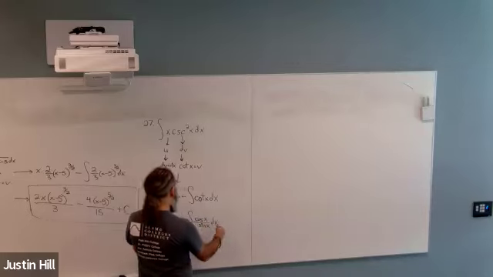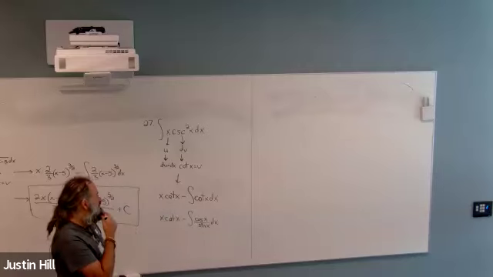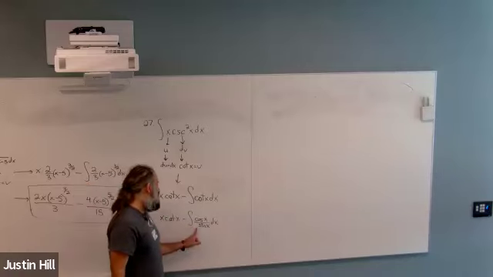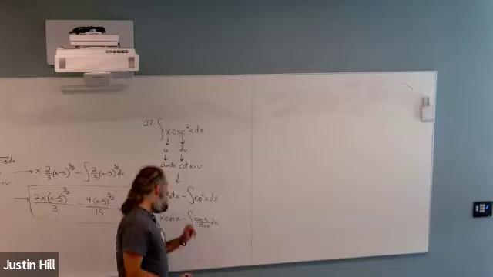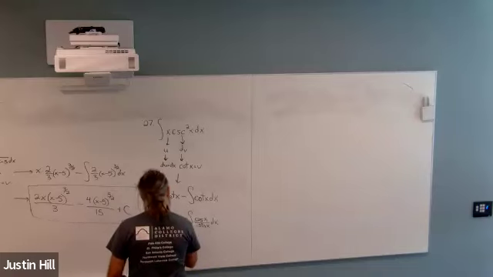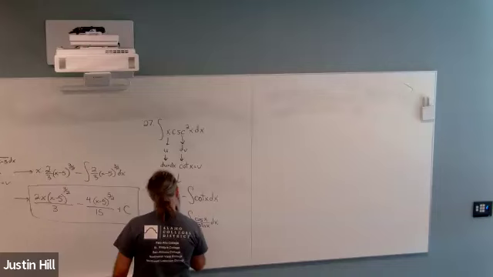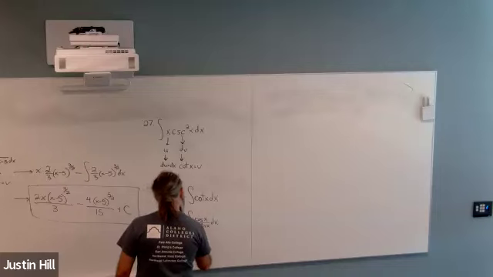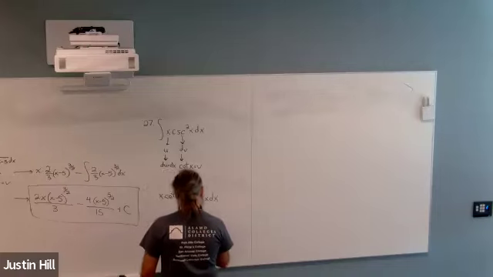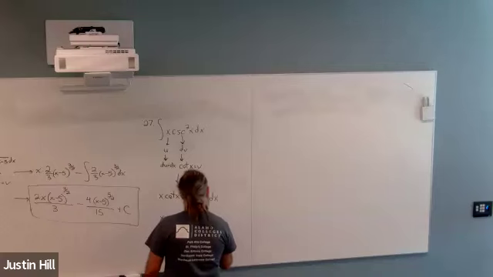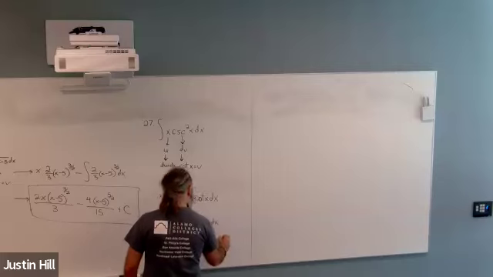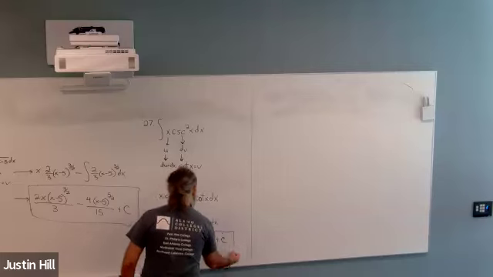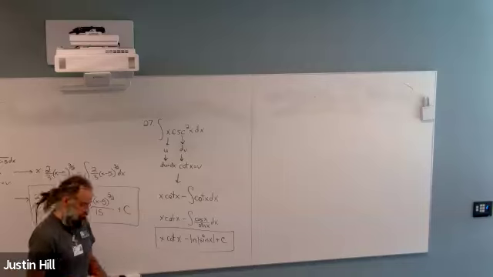So the integral of this is going to be the natural log of sine x. This ends up being x cotangent x minus the natural log of the absolute value of sine x, all this plus C, and you are good. That is your integral.